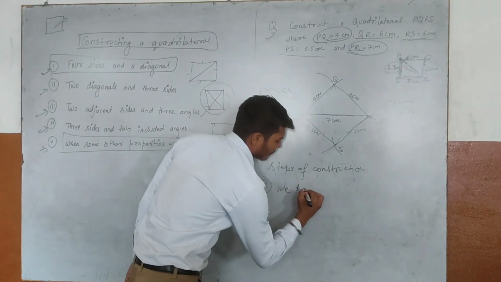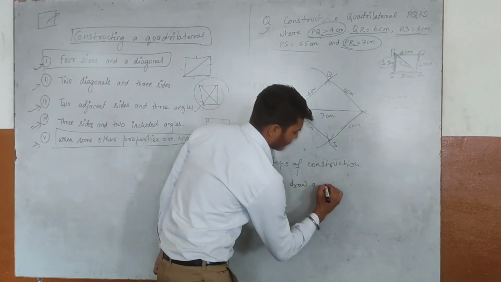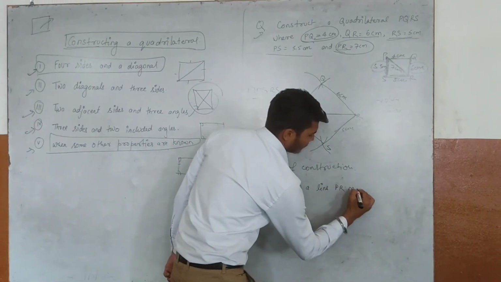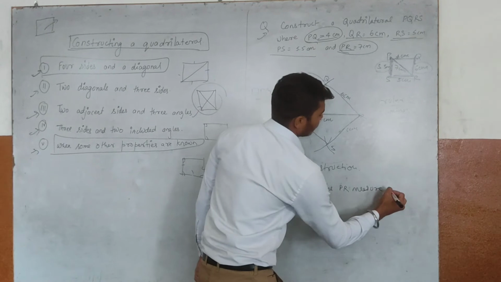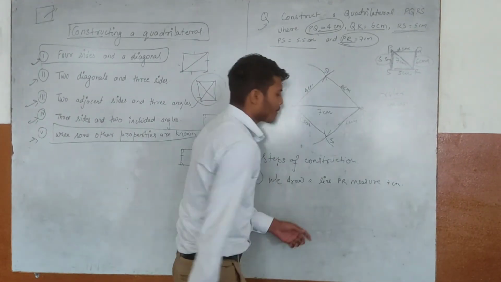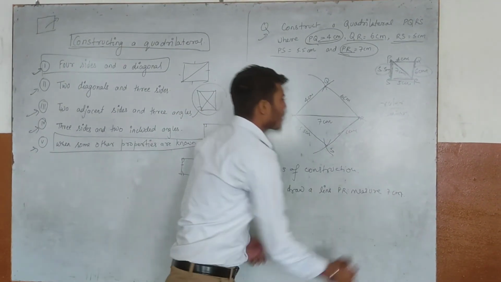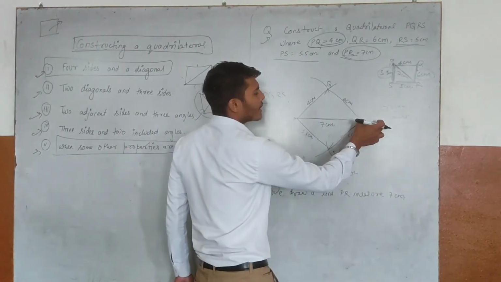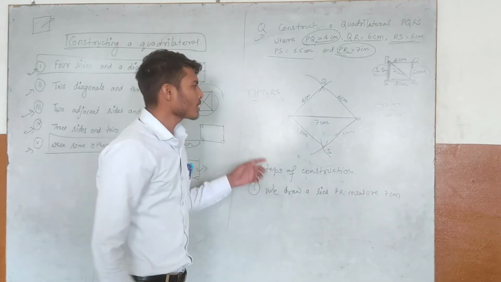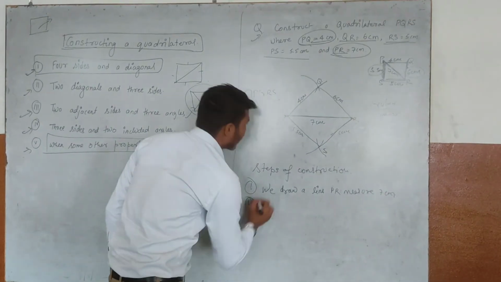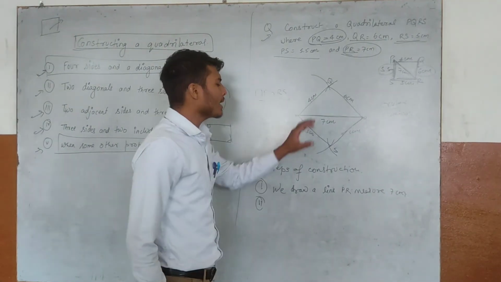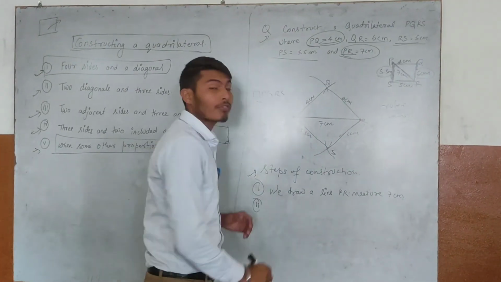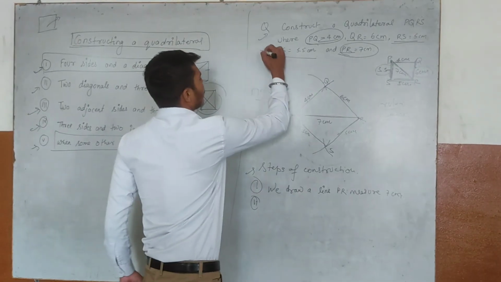Then we made an arc from point P and after that from point R. We write this as well, and after that we joined the points, and that's all. According to this, our steps of construction will also be prepared and our question will be solved.